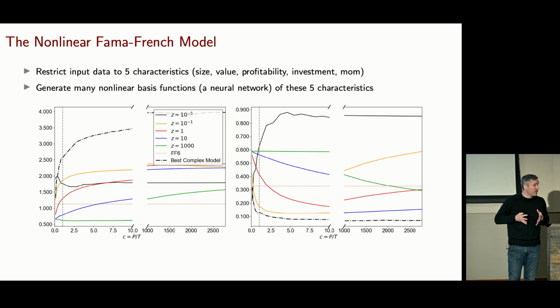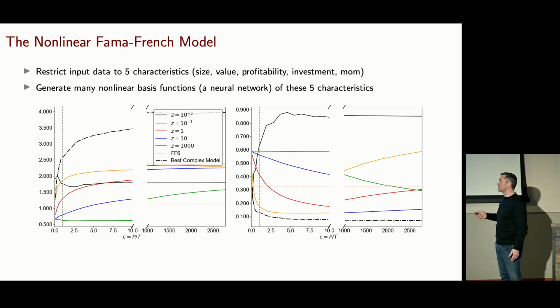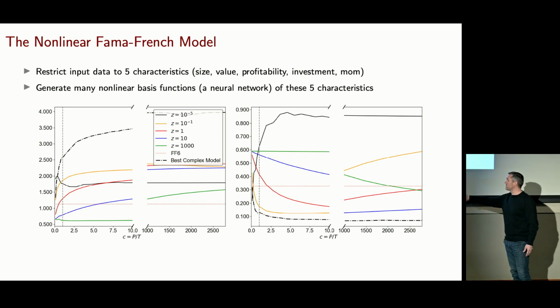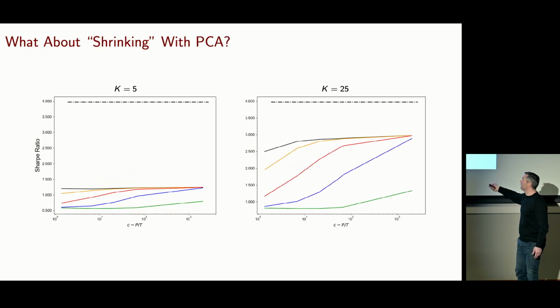Those are the inputs to my neural network. I can still make my neural network either very small or very large. See the exact same pattern. As I increase the flexibility with which I use those 5 characteristics, more and more nonlinear functions, the SDF Sharpe ratio is increasing, pricing errors are decreasing.